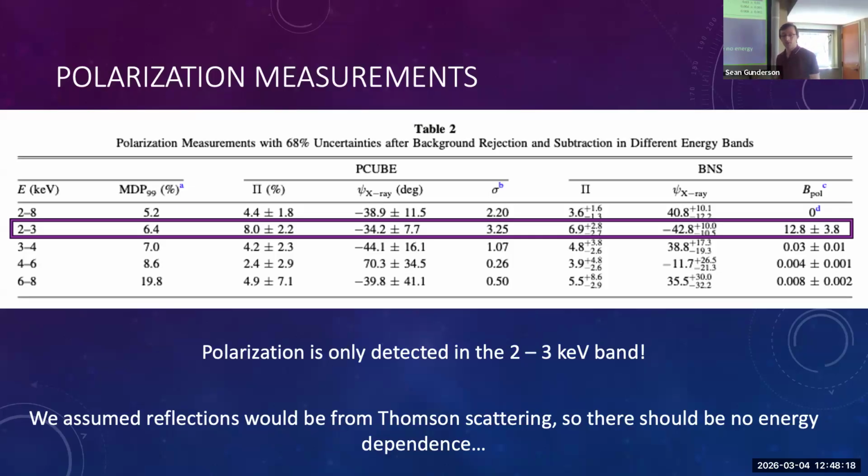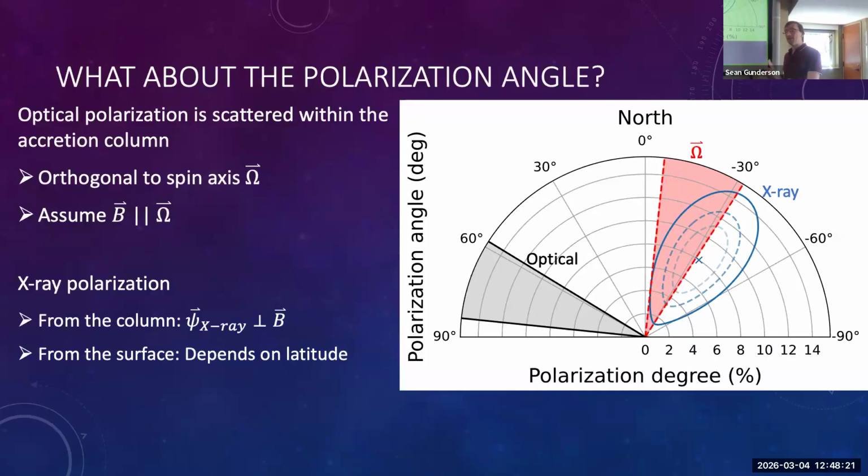Well, I kind of alluded to it already, but let's take a step back and look at our polarization angle. We don't really know where the scattering surface is. We expect it to be the surface, but the polarization angle can give us a sense of where it is if we compare it to other known quantities. If we compare it to the optical polarization, which is this grayish area, that is going to be orthogonal to the spin axis, assuming that the B field and the spin axis are parallel, so they're right on top of each other.